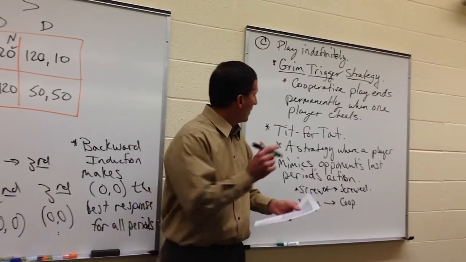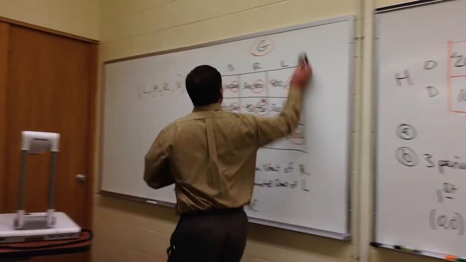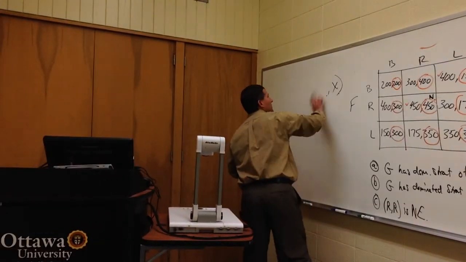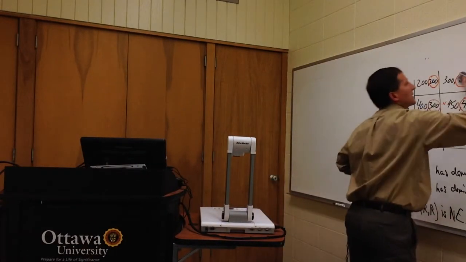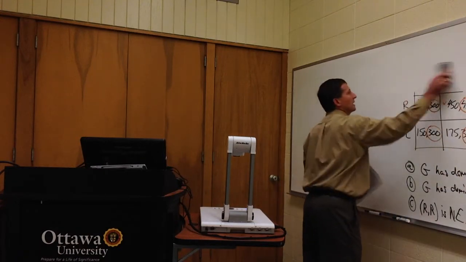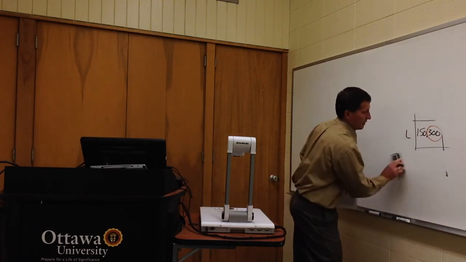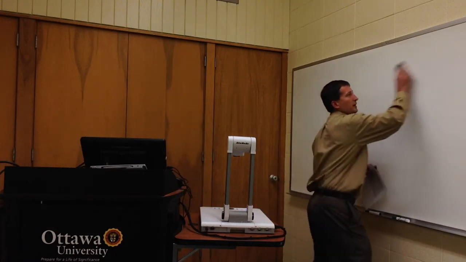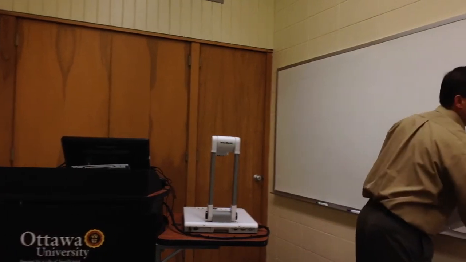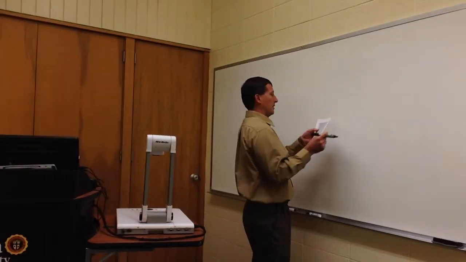All right, so with this Grim strategy, we're going to introduce some expected values, which is where this little D part came in. Each player can calculate their expected values.